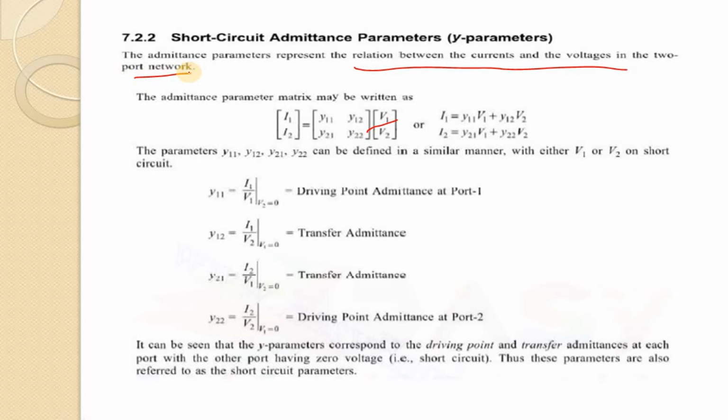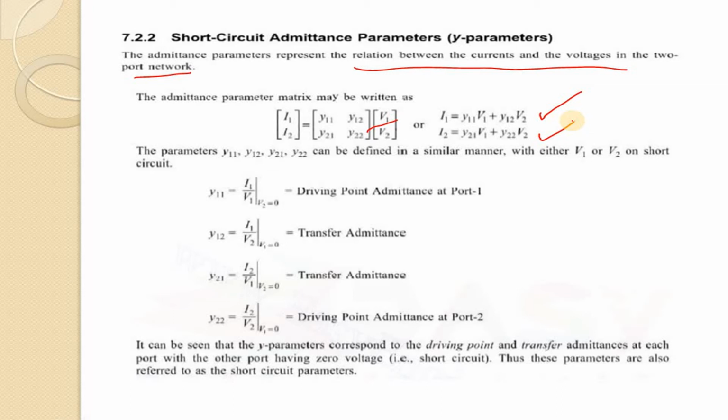The admittance parameter matrix may be written as [I1, I2] equals [Y11, Y12; Y21, Y22] times [V1, V2], or I1 equals Y11 V1 plus Y12 V2. And similarly, I2 equals Y21 V1 plus Y22 V2. These are basically admittance parameters, known as Y parameters.